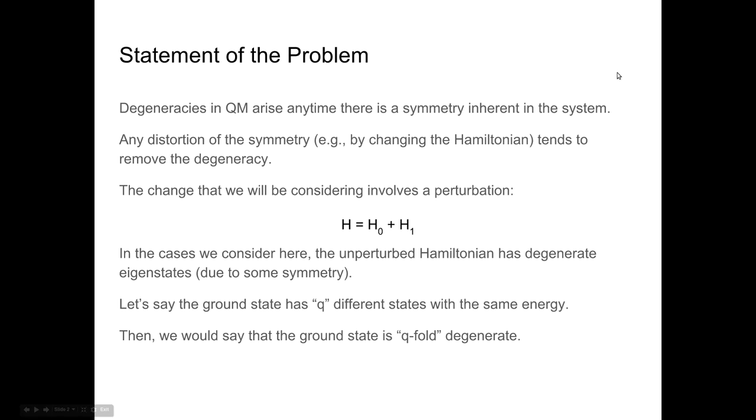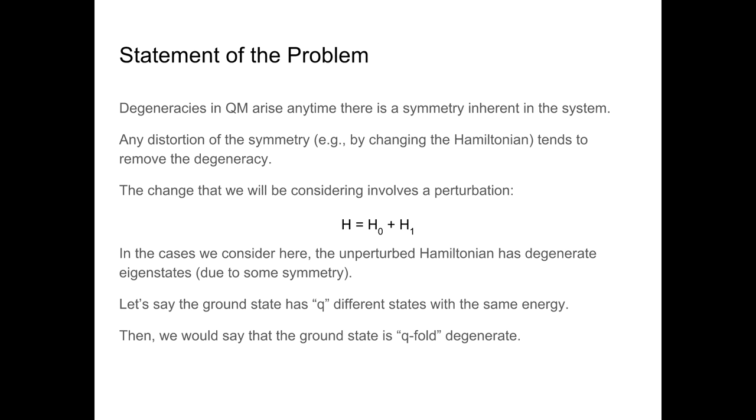So we're still going to have our Hamiltonian, which we're going to write in terms of a simple piece, the piece that we know the solutions for. It has some symmetry, and so there's going to be degenerate states. However, we're going to introduce this new perturbation piece, and this piece, by assumption, is not going to respect that symmetry, so it's going to distort the symmetry.